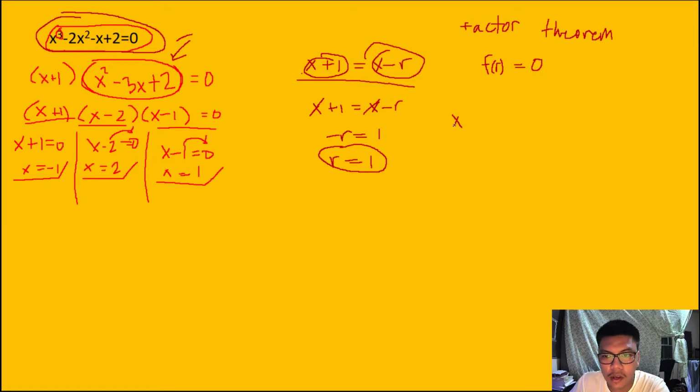So we have x cubed minus 2x squared plus 2 is equal to 0. So, palitan natin, we substitute 1, then we have 1 cubed minus 2 times 1 squared plus 2 is equal to 0. Solving, we have 1 minus 2, okay, plus 2. Parang may kulang. Ayun, may kulang nga.